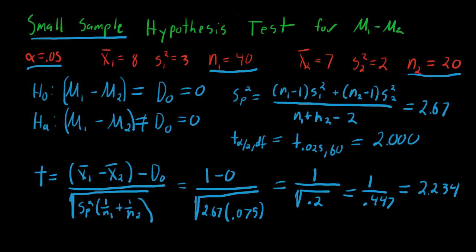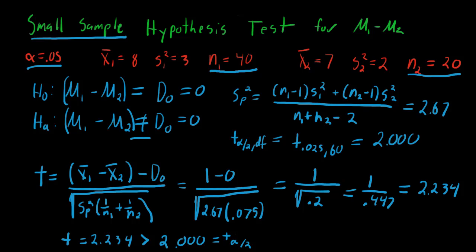Now since we're doing the not equals hypothesis test, we're doing a two-sided hypothesis test, so we're going to check to see that t, which is equal to 2.234, the absolute value of that, which we're good with right now, is greater than our t sub alpha over 2, which is equal to 2.000.